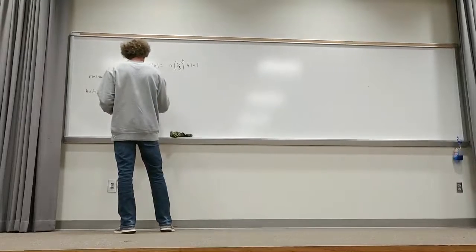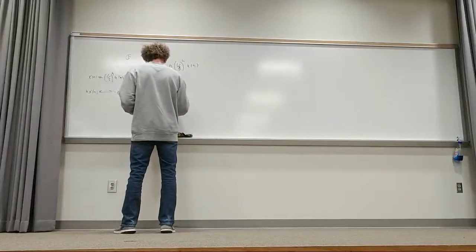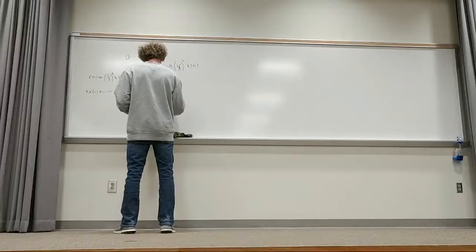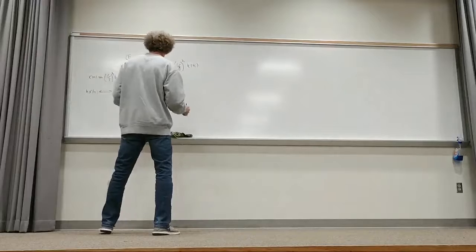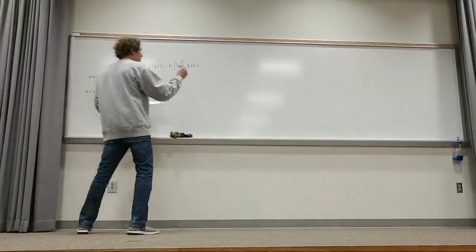That'll just break out as z over 3 over z minus 1/3 squared when you do the derivative. So that's the answer for the first part. I believe it's A.